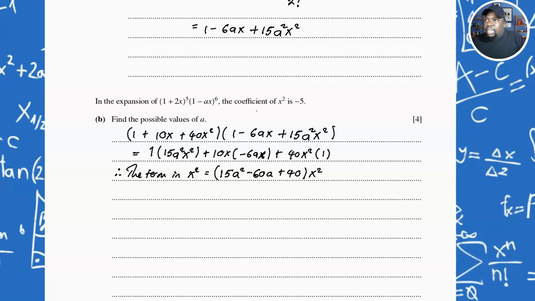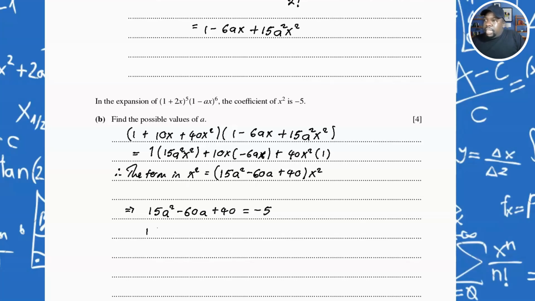Now the question says that the coefficient of x squared is minus 5. So the coefficient is here. So we are therefore saying that 15 a squared minus 60a plus 40 should be equal to minus 5. And I'm going to take the minus 5 to the left.